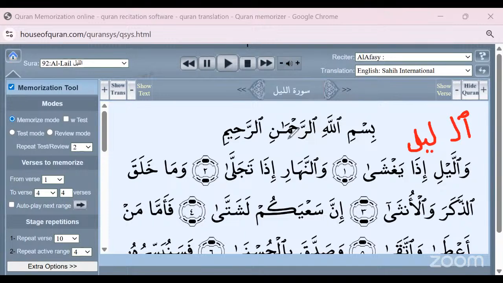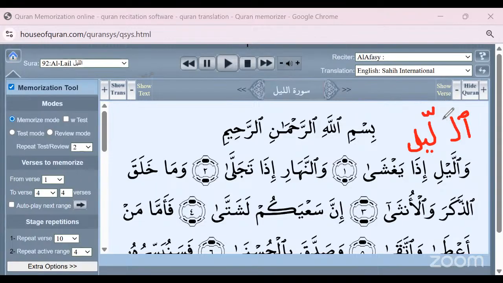Look at Ar-Rahman, for example. The lam gets merged into the ra. So the lam gets no sukun and it does not get pronounced. So you say ar-ra, ar-ra. You double the ra because the ra is a sun letter. So the same thing you do for the lam. Al-layl. The first lam gets merged into the second lam, and the second lam gets the shadda.